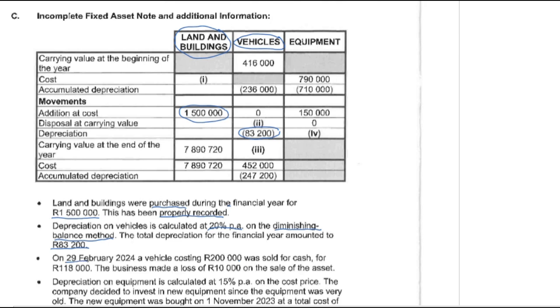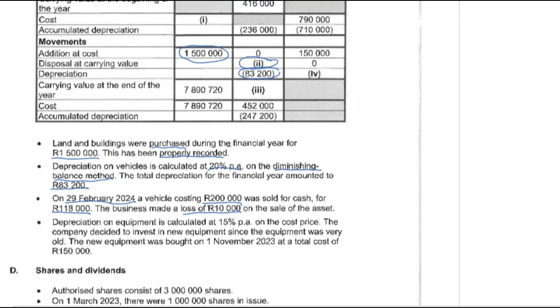On 29 February 2024, a vehicle costing 200,000 was sold for cash for 118,000 rands. The business made a loss of 10,000 rands on the sale of the asset. If you look under vehicles, you can see that indeed there was a disposal, but the value is not given, so we'll have to calculate that figure. Depreciation on equipment is calculated at 15% per annum on the cost price.